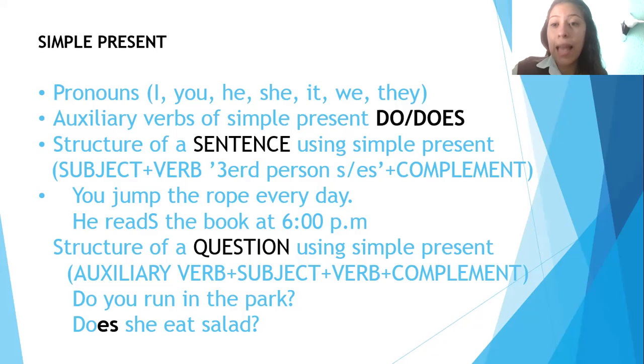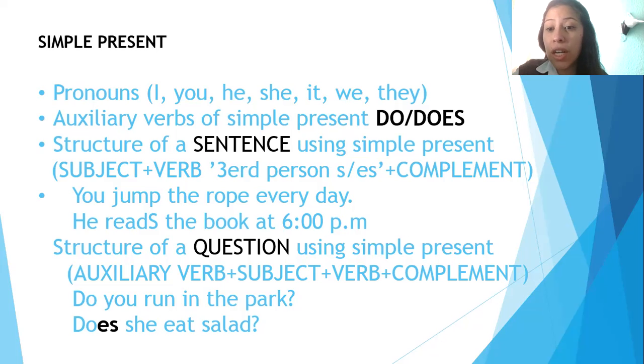Now we have the structure of a question using simple present. The structure is an auxiliary verb, which means do or does. Then we have the subject: I, he, you, Carla, Mario, Pedro.